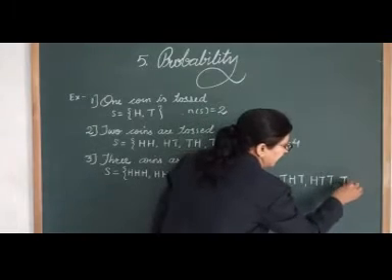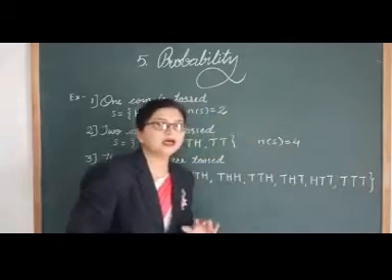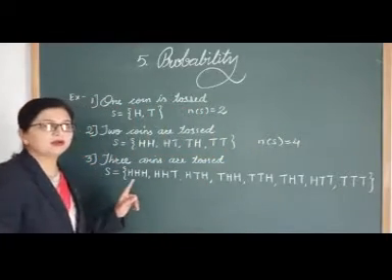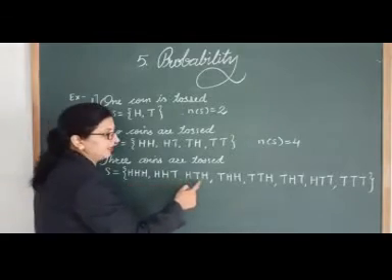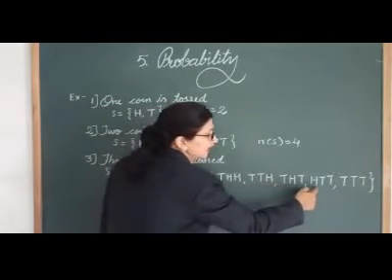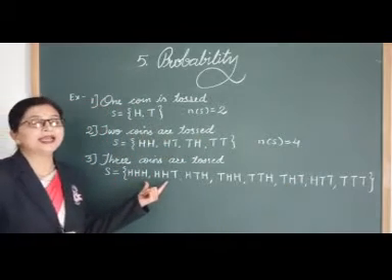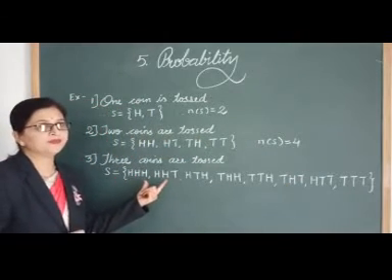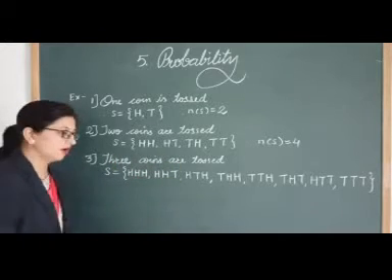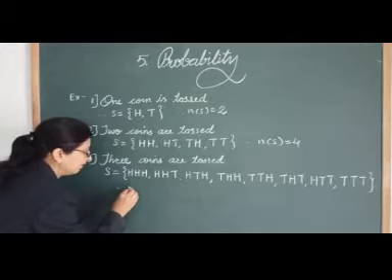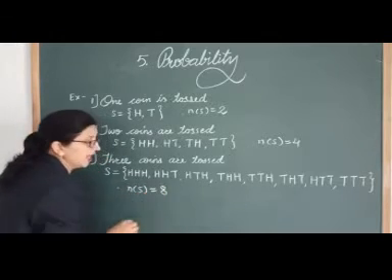So we'll get all the 3 coins with the tail on the upper side. So let's count how many points we got here: 1, 2, 3, 4, 5, 6, 7, 8. So in this way, there are 8 sample points for the random experiment where 3 coins are tossed. So here, the number of sample points in the sample space is 8.